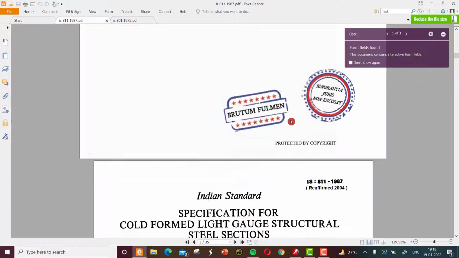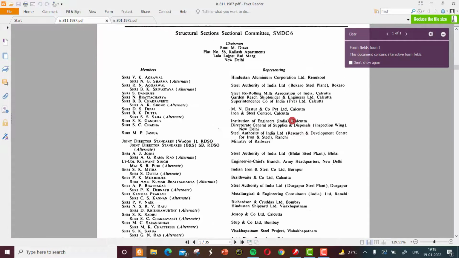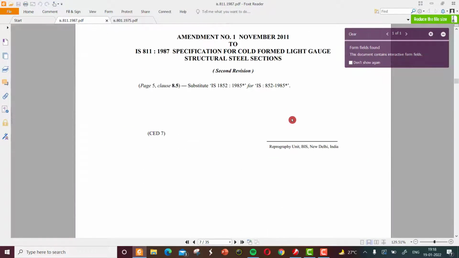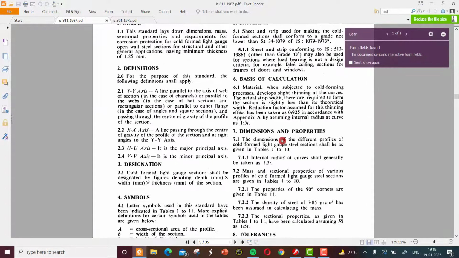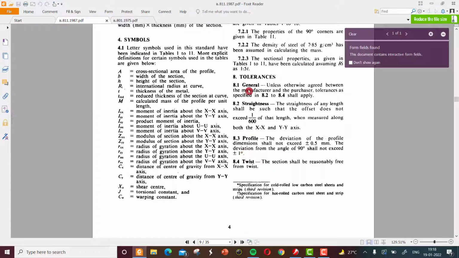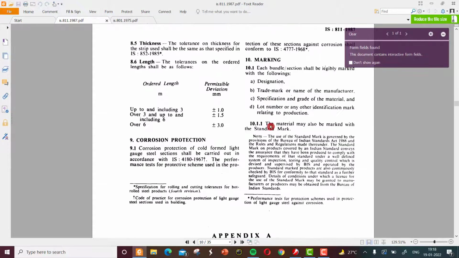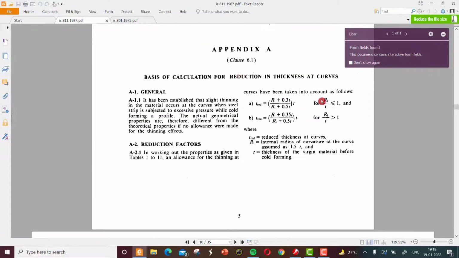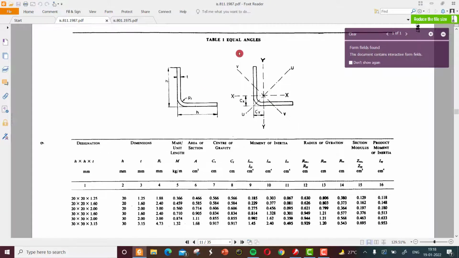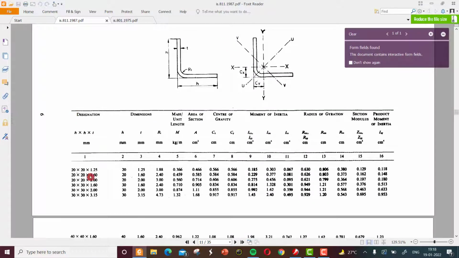We're scrolling down. The introduction part, some basic definitions, some titles explanation, the corrosion protection, appendix for calculating the rotation thickness at curves. So these are some inputs for finding the section properties. And the equal angle, the designation, how the equal angles are designated.